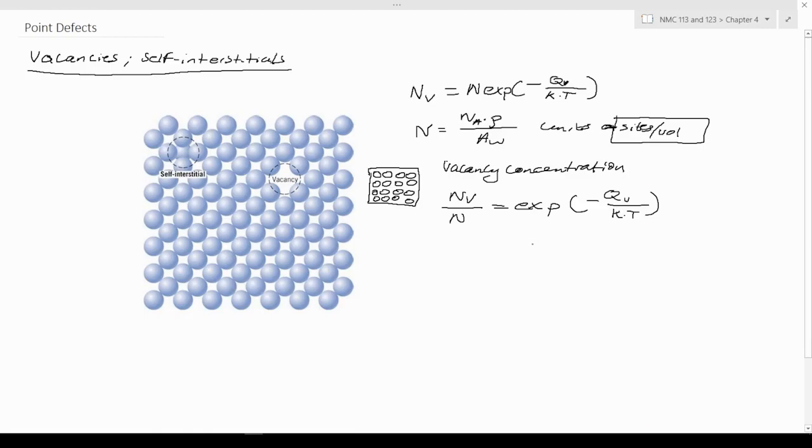Because there are also line defects. You need to also understand the concept of dislocations, where dislocations are a form of line defect that makes it possible for deformation to take place.